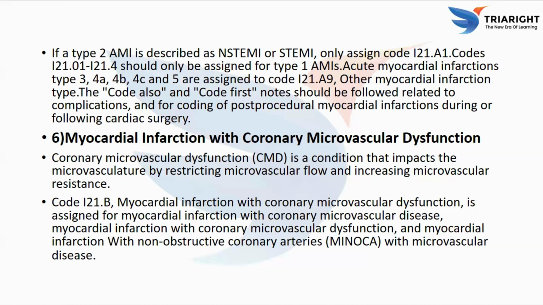And this is all about the guidelines of the ICD-10 regarding diseases of the circulatory system. Now let's talk about the classification: how the diseases are classified in the ICD-10 alphabetical index and tabular list. This is chapter 9 of ICD-10.